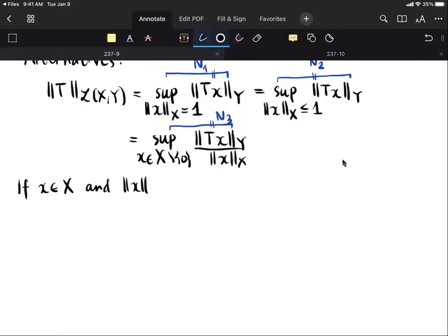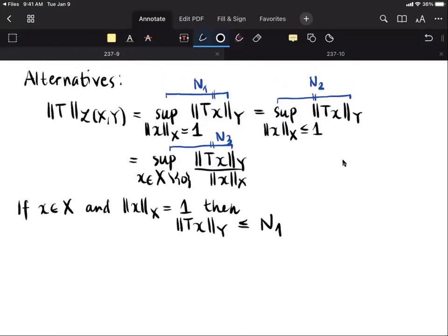So suppose that also the norm is equal to 1. Okay, then the norm of T of x is less than or equal to N1, since N1 is the supremum of the norm of images having a norm of argument equal to 1.